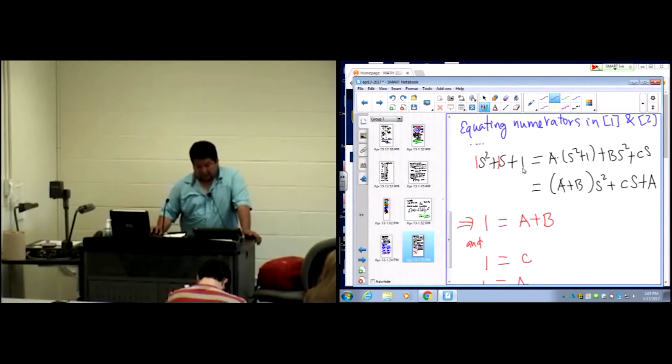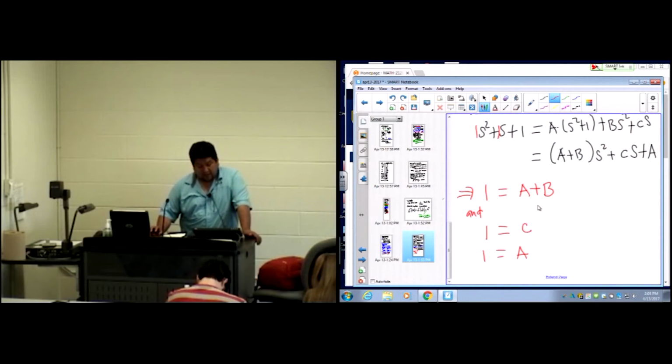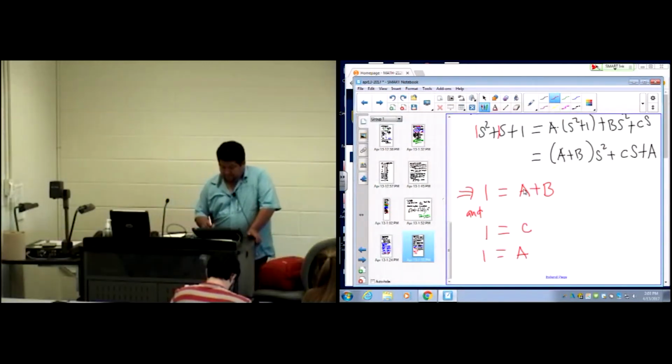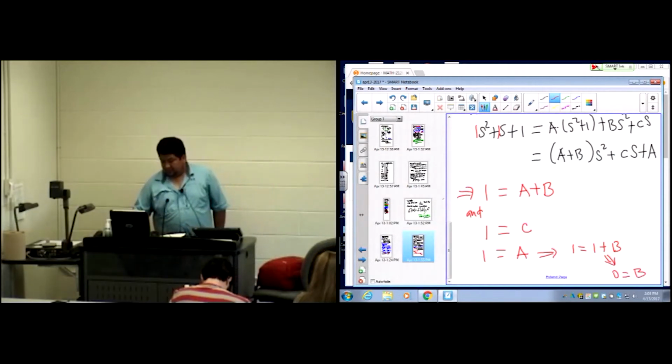This gives us exactly the coefficients that we wanted, and so we could write F of s as 1 over s plus 1 over s squared plus 1.